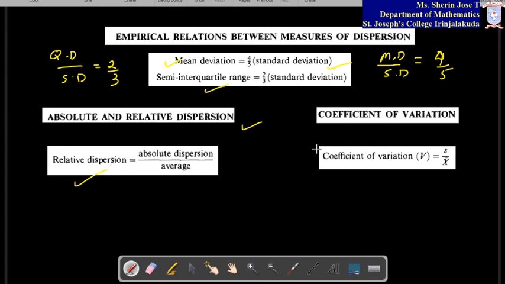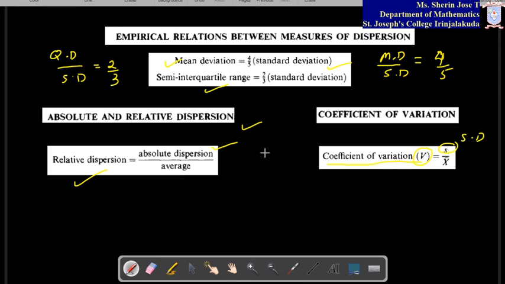Now a special type of relative dispersion is named the coefficient of variation. In this case, our absolute dispersion is the standard deviation, and the average is the same x bar. So standard deviation by x bar is called the coefficient of variation. We denote it as v. So coefficient of variation is a relative dispersion, especially for standard deviation alone.